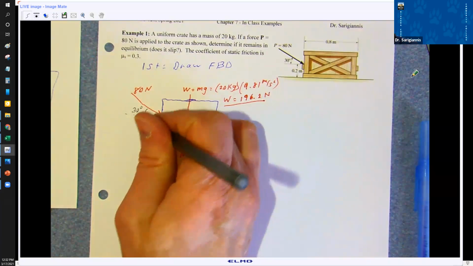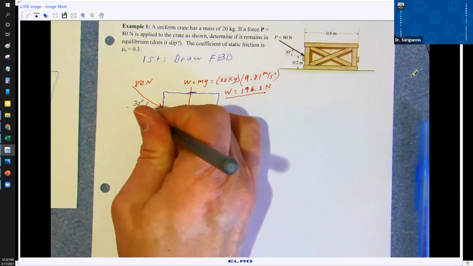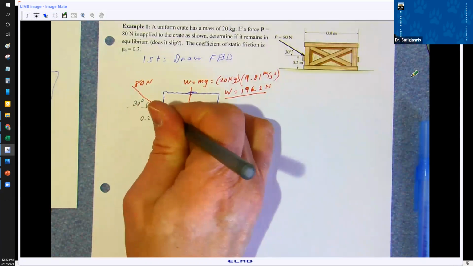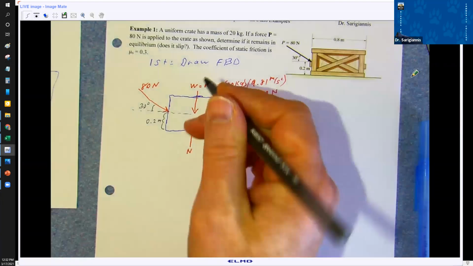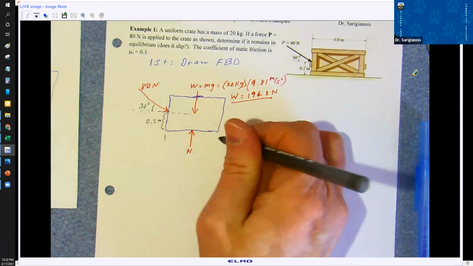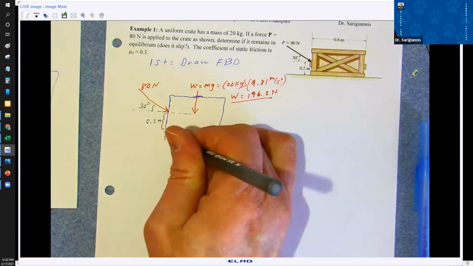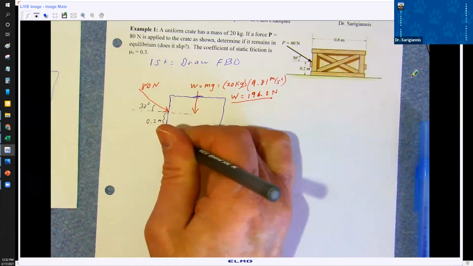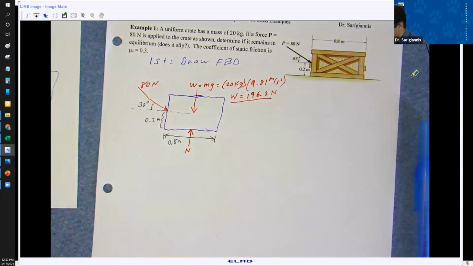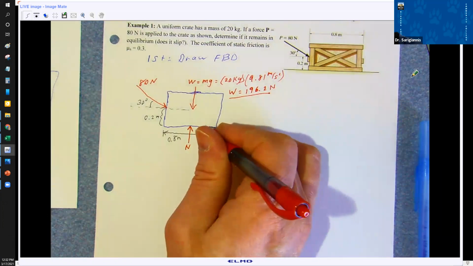We're told it acts at 0.2 meters. And this whole thing is 0.8 meters. And we just need to put the force of friction in here. I'm going to draw that right here.